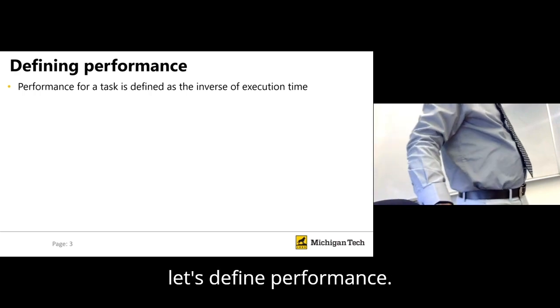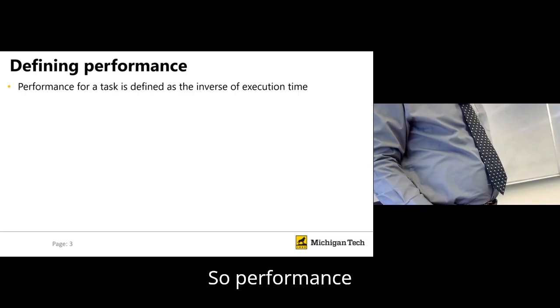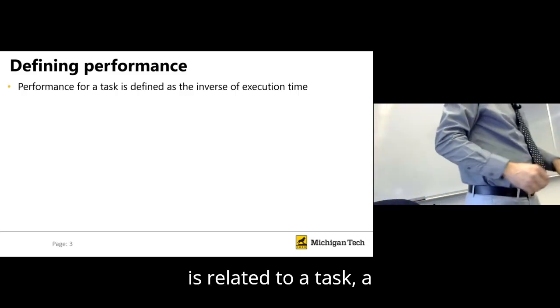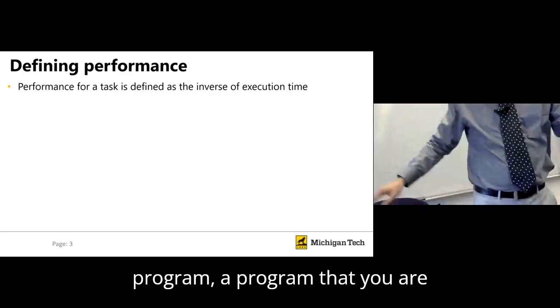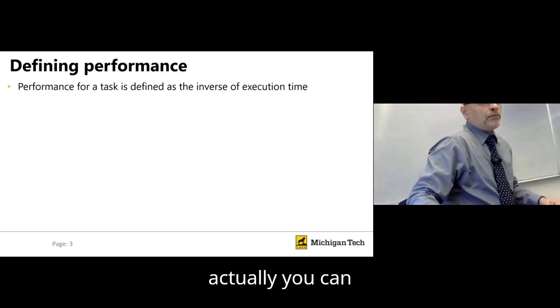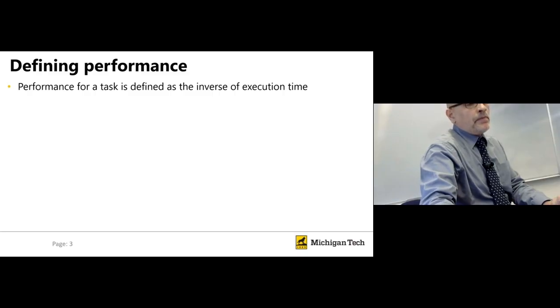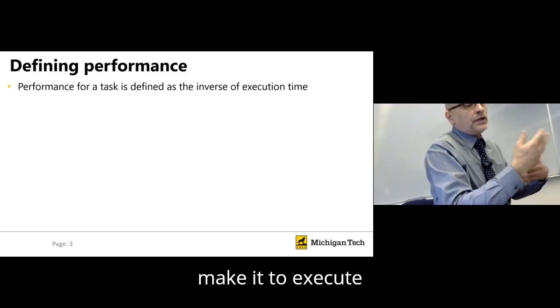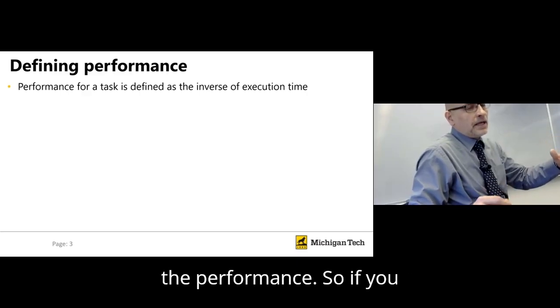First, let's define performance. Performance is related to a task, a program that you are running. If you can make it execute faster, it means you are increasing the performance.